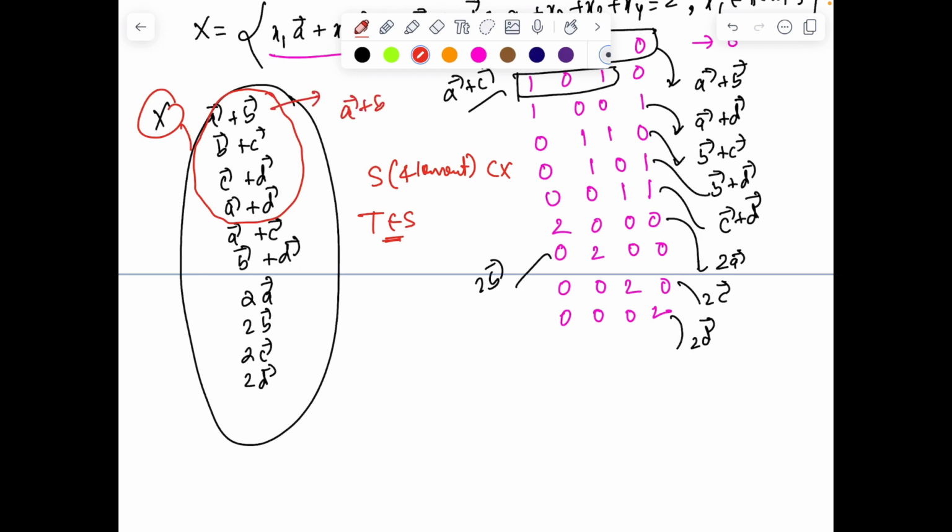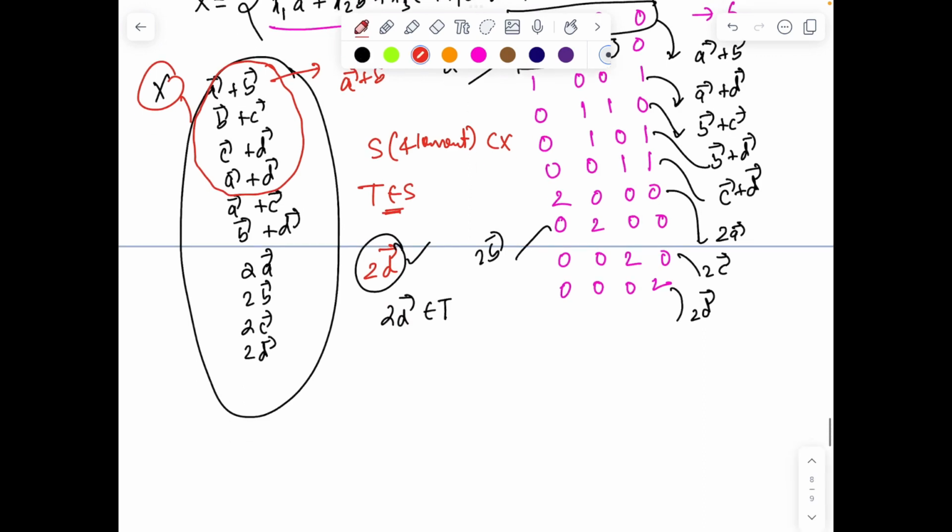If I take any element of this, let's say A plus B, that is basically T, a member of S. But there is a restriction: for all those subsets, the element 2D must be an element of T. So if that's the case, 2D is fixed now, right?